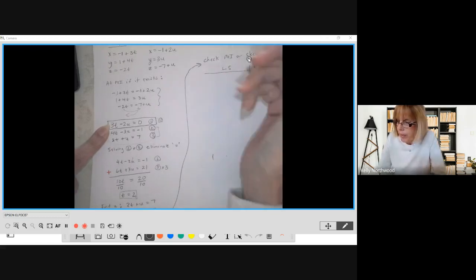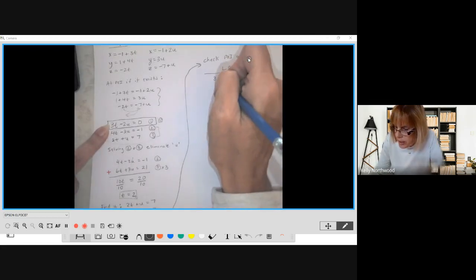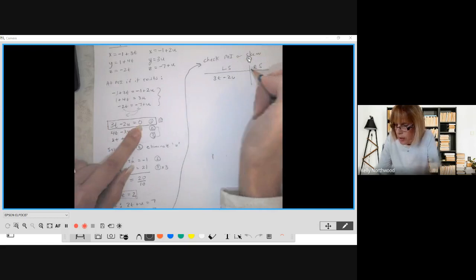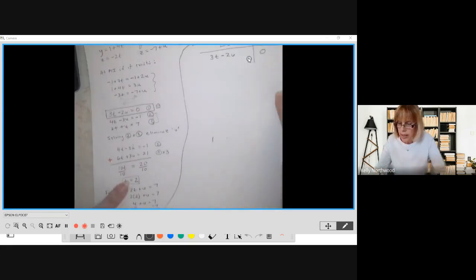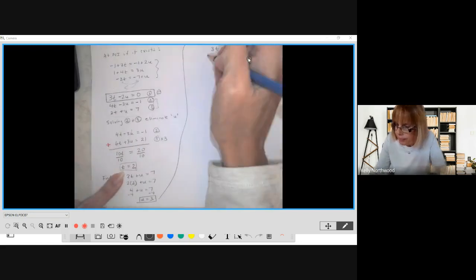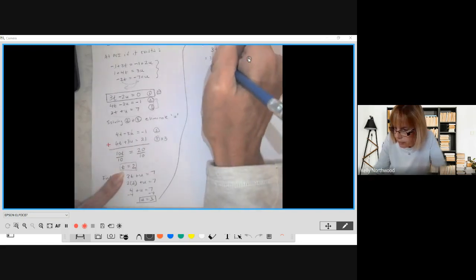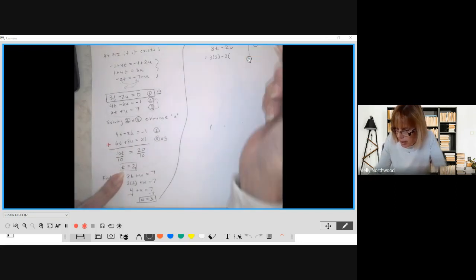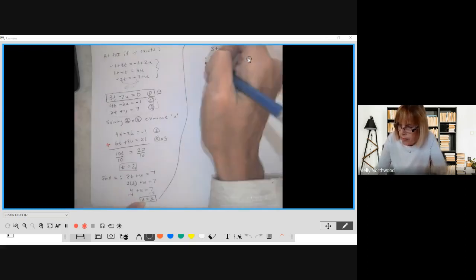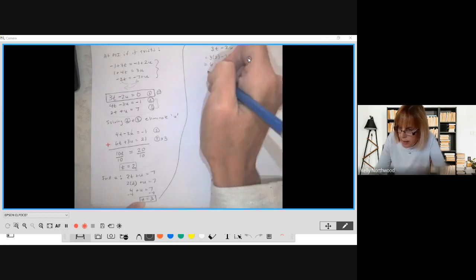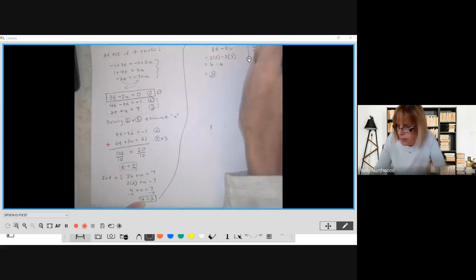So on the left side of the equation, we have 3t minus 2u, and on the right side, we have 0. And we're checking t being 2 and u being 3. And we end up getting 0.